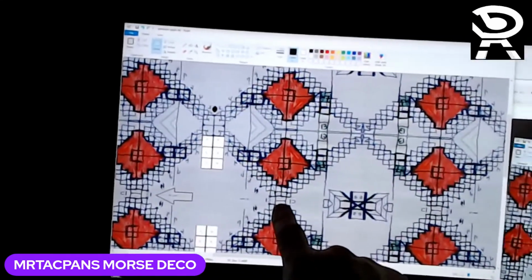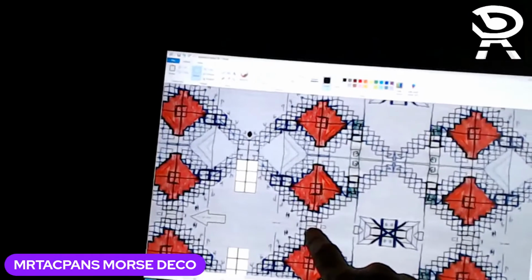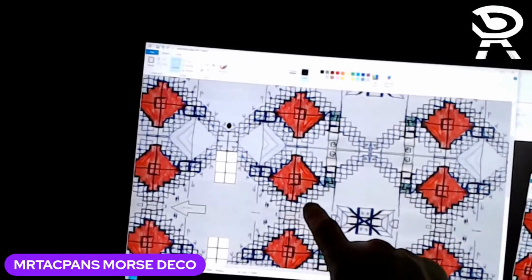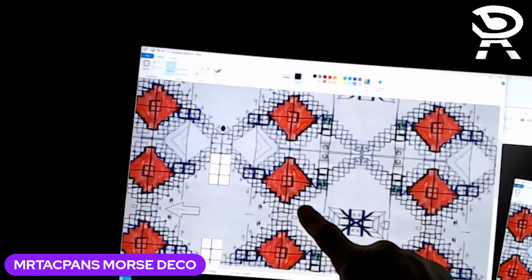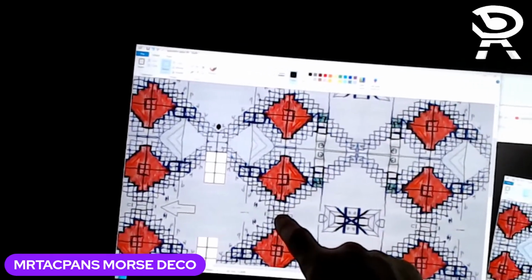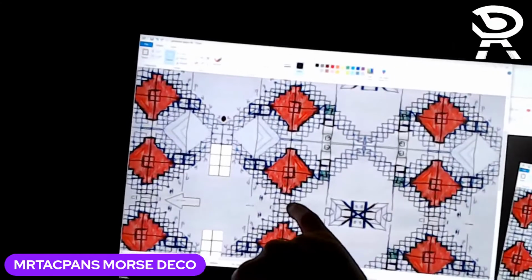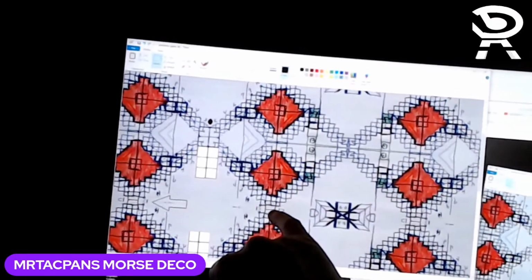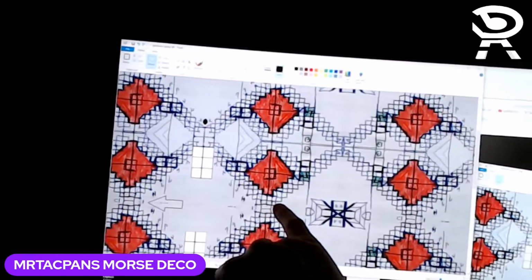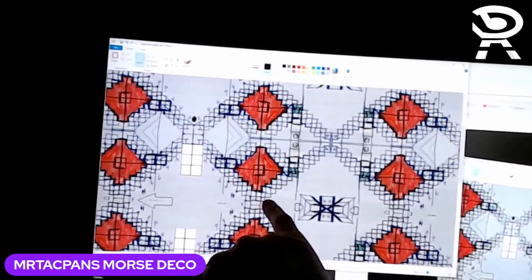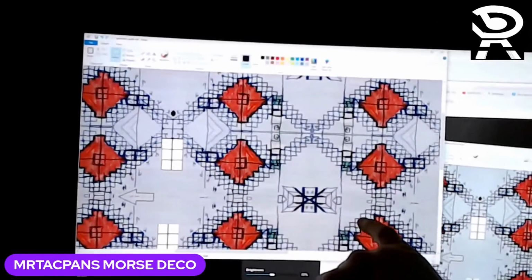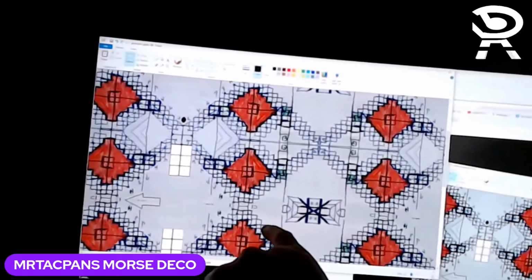Here is G. E is over here. Here is G ending over here, and E is connected to G through F. So it happens here, it happens here, it happens here, it happens here.